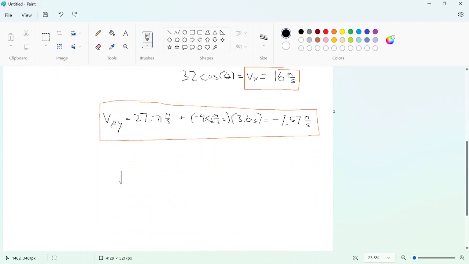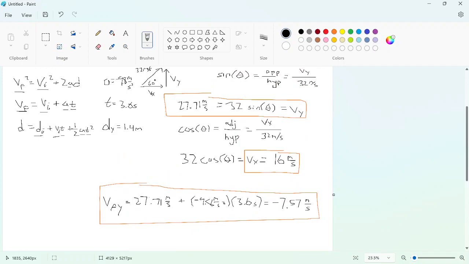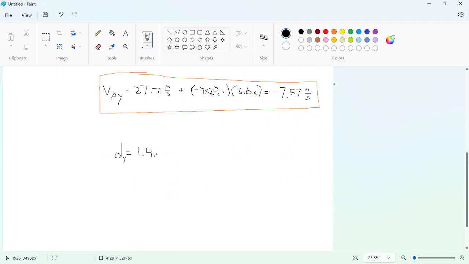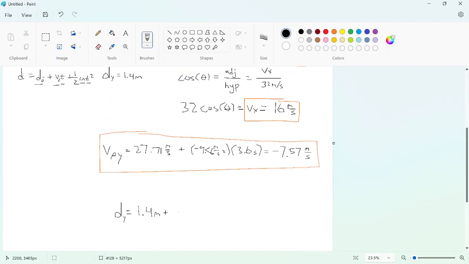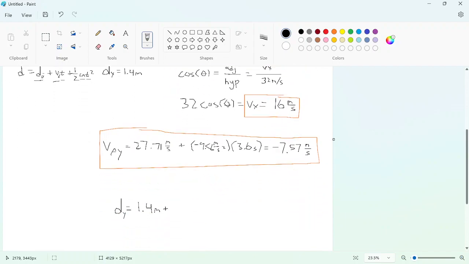Its final position in the y-axis is going to be equal to its initial distance in the y-axis, which is 1.4 meters, plus its initial y velocity, which is going to be 27.71 meters per second, times the time, 3.6 seconds, plus one half negative 9.8 meters per second squared times the time squared. Time is going to be 3.6 seconds squared.